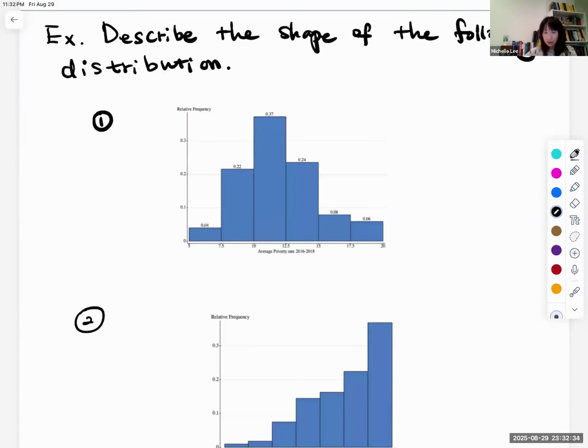Okay, so let's answer this one. Describe the shape of the following distribution. First one, what do you think? Let me draw this way. Is it bell shape? Yes, thank you. Bell shape. How about second one?